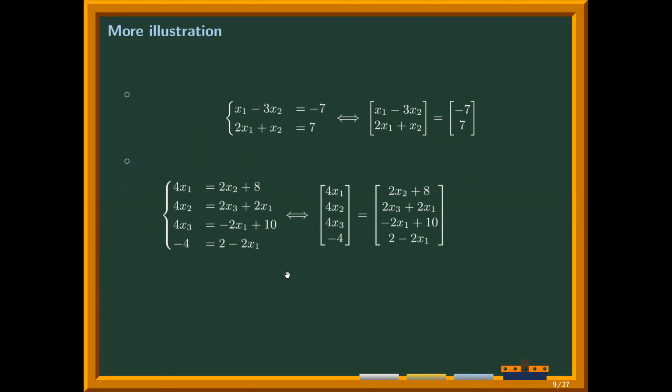Another example is what is shown for this system. It is a system of 4 equations, and we can view it as an equality of 2 4-vectors.